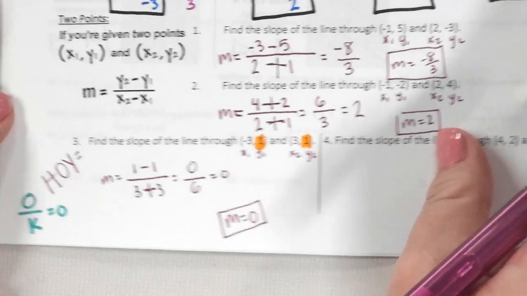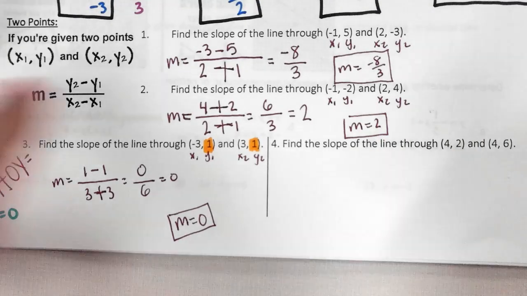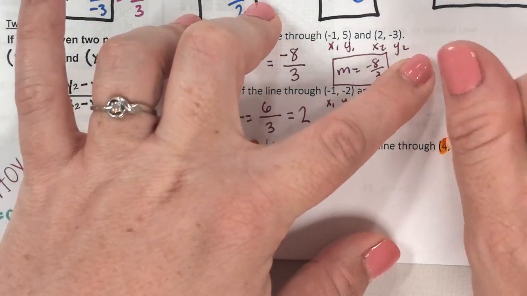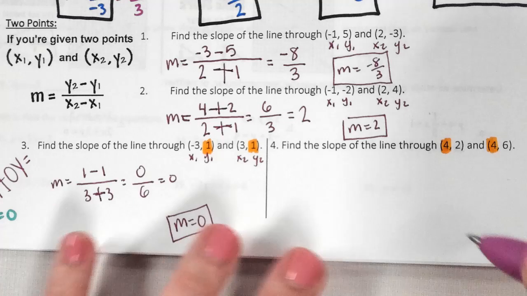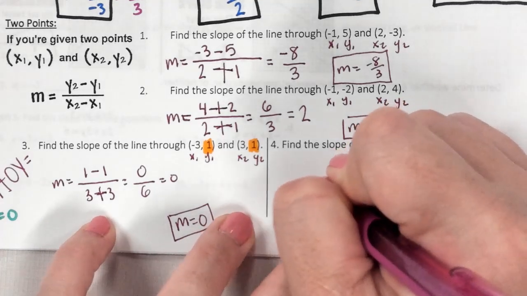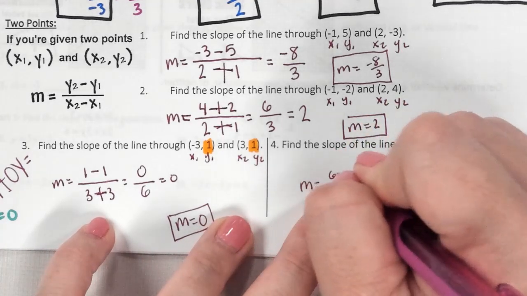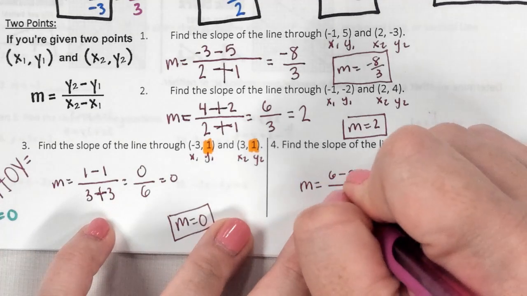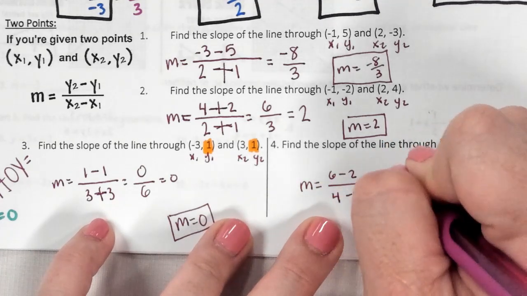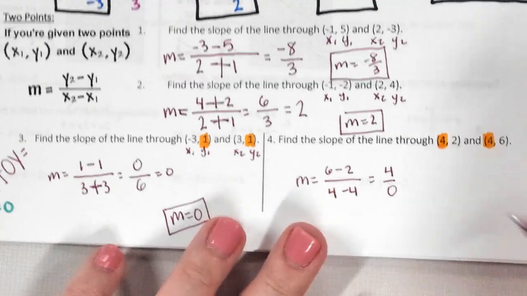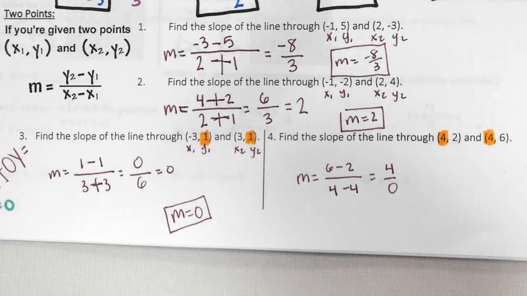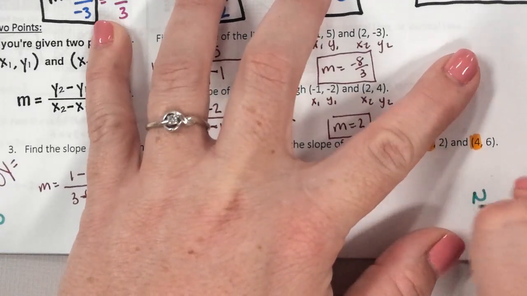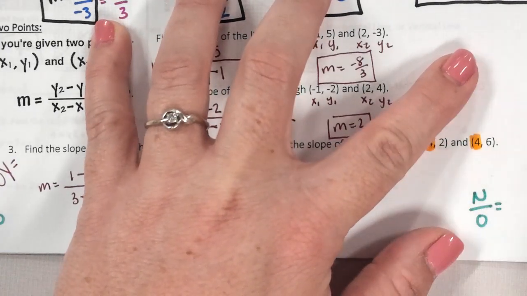Okay? Now, on this one, you'll notice that your x's match. So if we try to find this one, and we have 6 minus 2 over 4 minus 4, well, I get 4 over 0. Well, if I type that in my calculator, what happened the last time? It said error, and it's because it's not okay to have 0 on bottom.